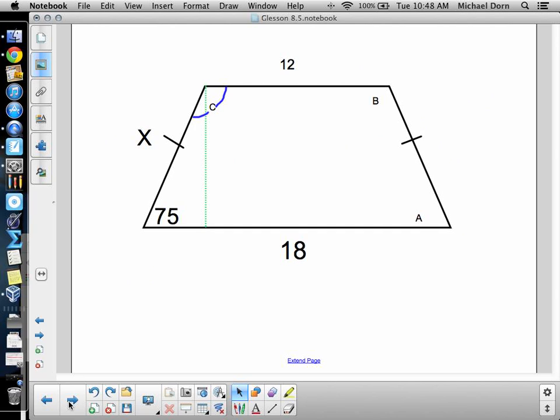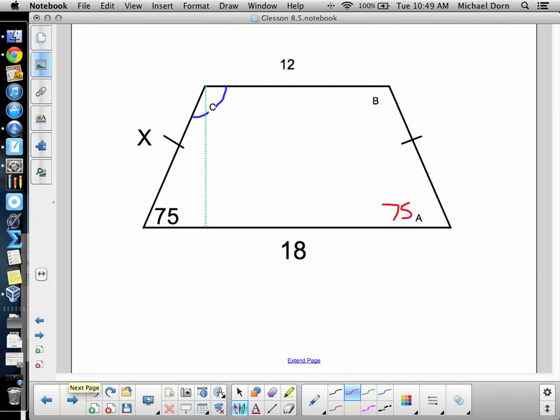Solving trapezoids, we're going to get a lot of problems like this, just solve things out with trapezoids. So we can start figuring things out. Let's start by finding our angles. It's an isosceles trapezoid, so angle A is going to have to be 75.